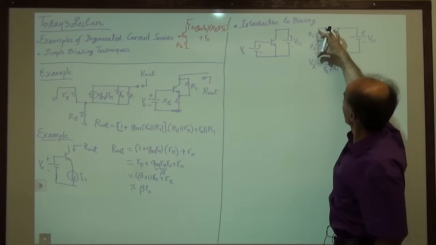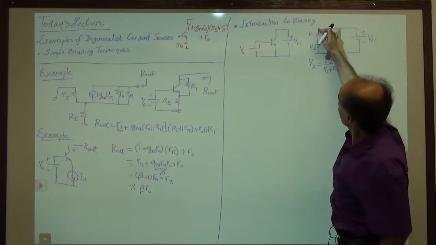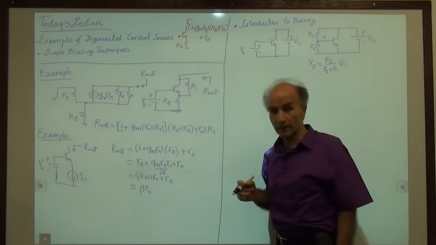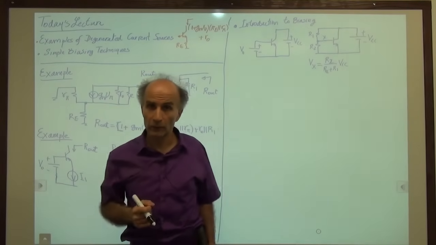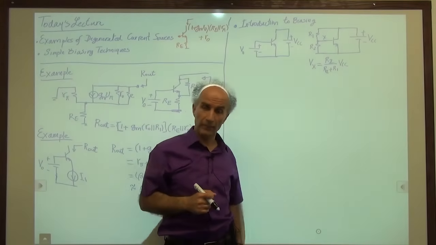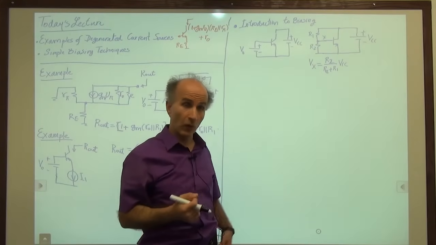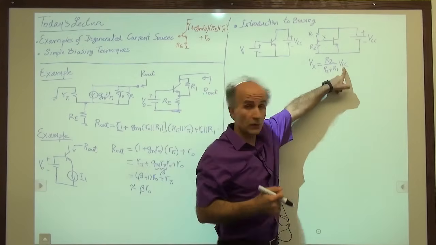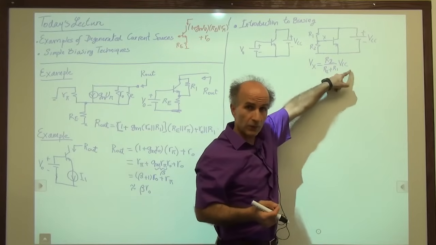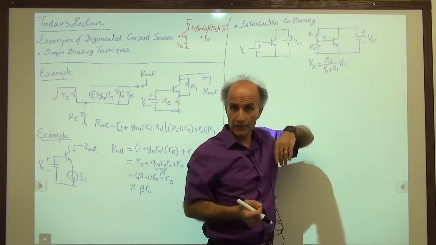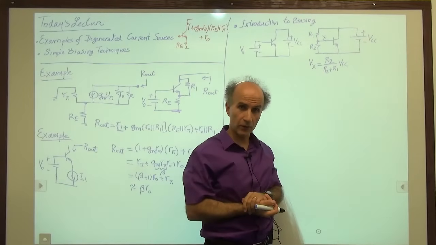Right? This resistor divided by the sum multiplied by this voltage, which is VCC. So that will give me the voltage that I need at the base. So if VCC is known, I can pick these values so that this whole thing is 0.8 volts, what we need for the base emitter voltage.